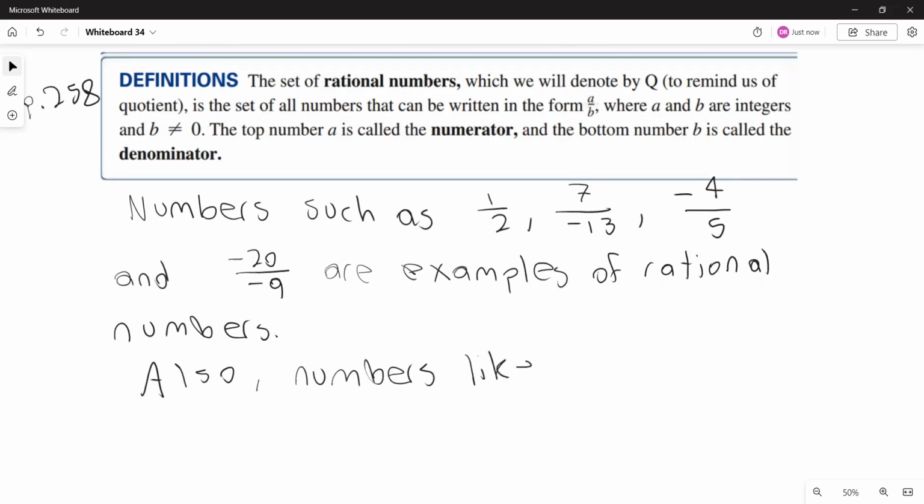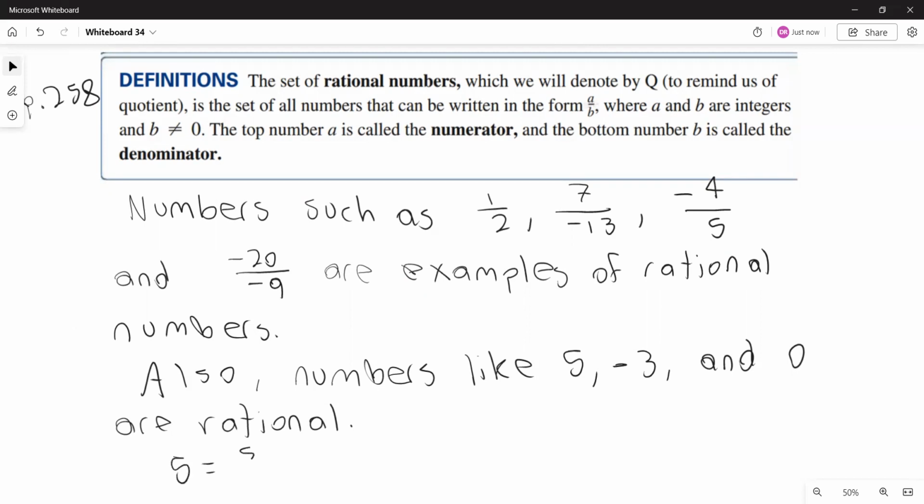Numbers like 5, negative 3, and 0 are rational numbers, because they can be written in the form of a fraction. 5 can be written as 5 over 1. Negative 3 can be written as negative 3 over 1. And 0 can be 0 over any other integer.